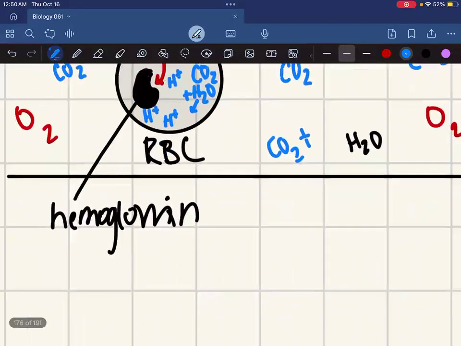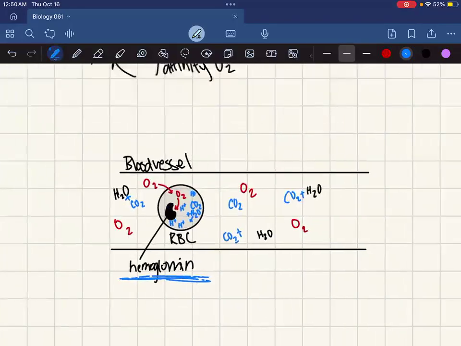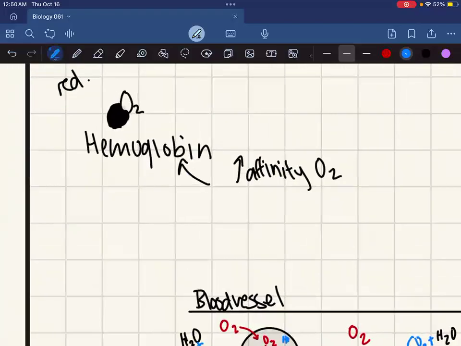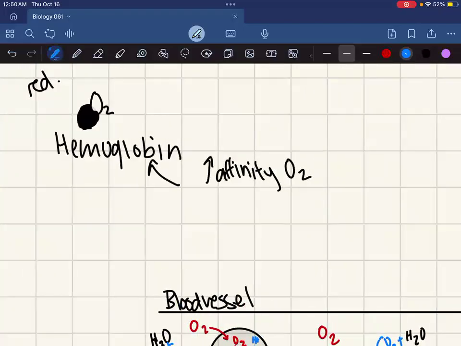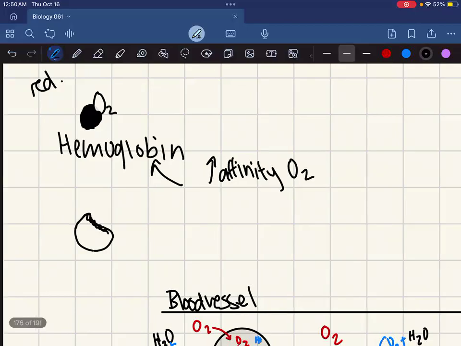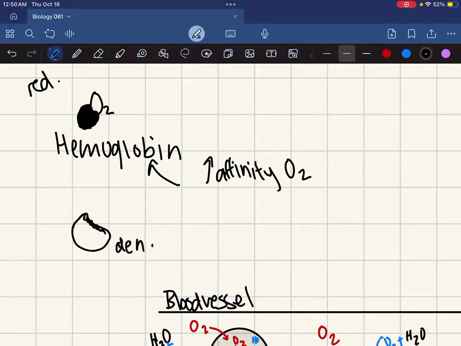But when our hemoglobin is in an environment where it is slightly more acidic than what it's normally used to, it causes hemoglobin to denature. And what does that mean? It means that the hemoglobin, the subunit site, has its shape changed. So the hemoglobin changes shape upon denaturation, if that's even a word.